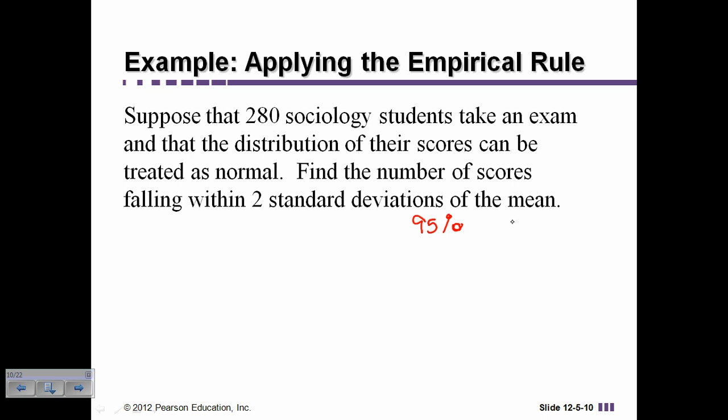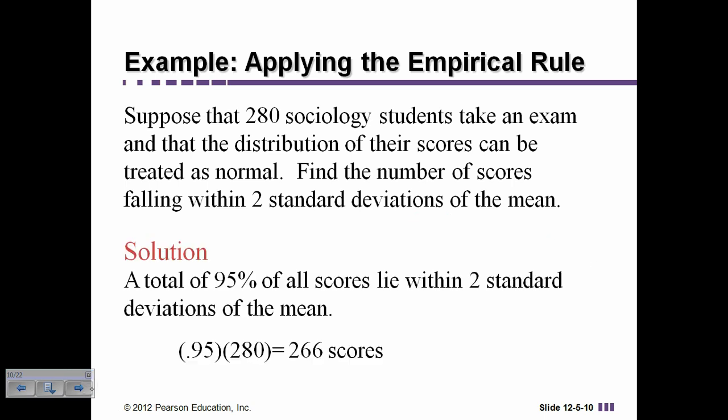So if I take the 280 sociology students and multiply by 95%, which is 0.95, I can tell how many of these students should fall within two standard deviations of the mean. The number of students that should fall within that range is 266 students.